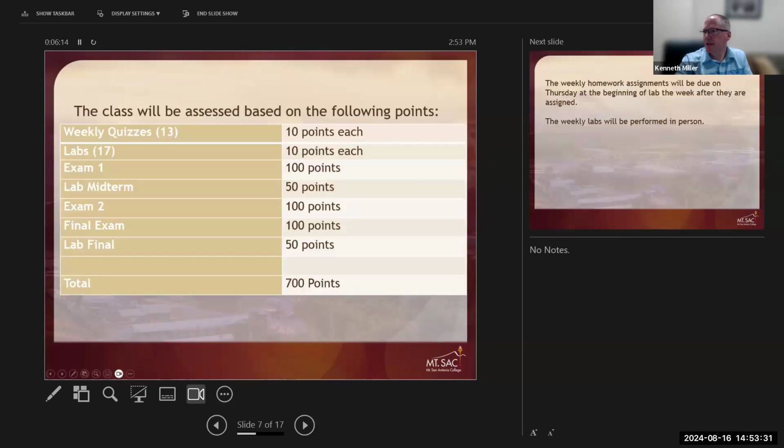All right. The way you're going to be evaluated on this course is there are 13 weekly quizzes, which are homeworks, right? Homework 1 is available to you in week 1, and you have that week until the following Thursday. So when you start lab 2, which will be on Thursday of week 2, at the beginning of the class, I want you to hand in homework 1. You're going to do it on paper.